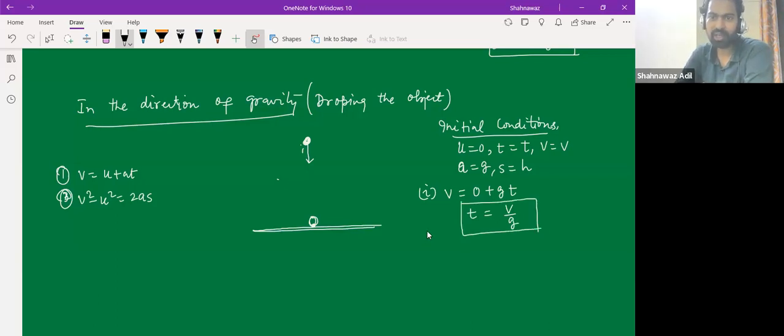Using the third equation, v square minus u square is 2gh. Since u is 0, v square is 2gh, so v would be root 2gh.